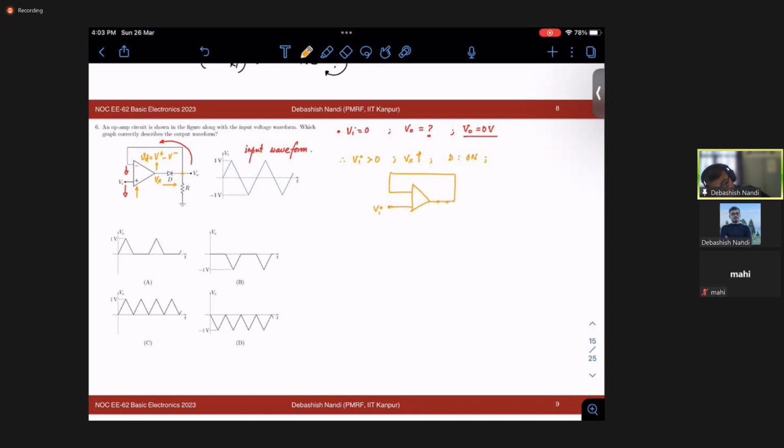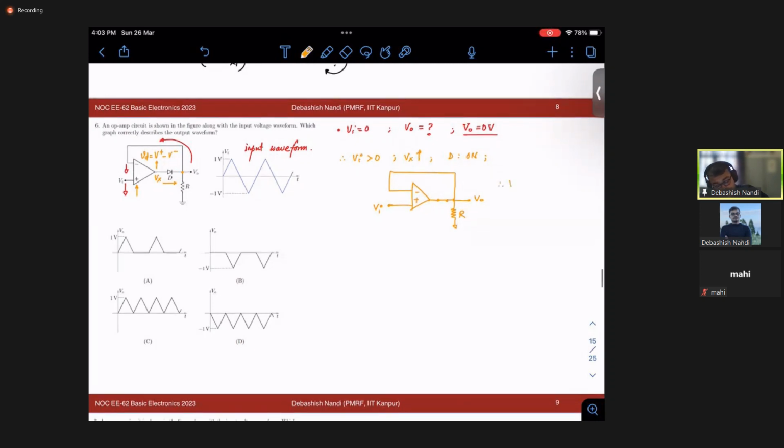This is the diode on, this is minus, this is plus. So what is my V out? My V out will simply follow my V in because my negative feedback is in place and everything is ideal, right? So at the positive half, my output will simply follow the input, or I would say that the gain is 1, right?